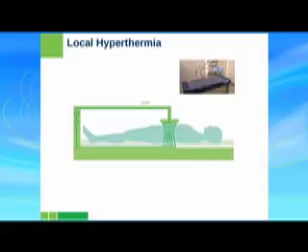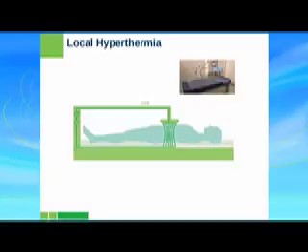Cancer cells consist of proteins, and after 42.5 degrees Celsius, we have protein denaturation. It means that the proteins are being denatured by heat. So you can kill the cancer cell regardless of how resistant it was before against chemotherapy or radiotherapy.